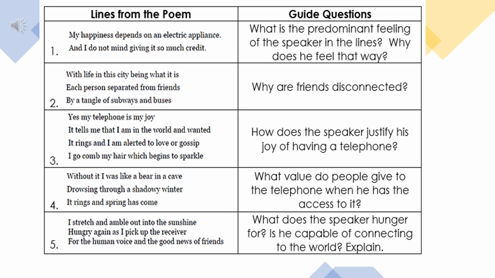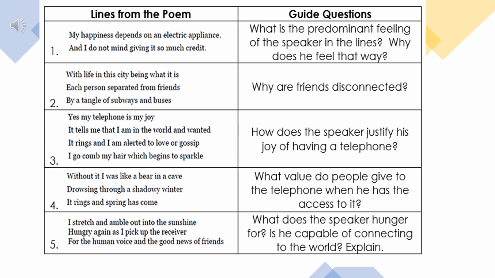It's the idea that someone has texted or called or will be calling him. And is he capable of connecting to the world? Yes, because you have there, I pick up the receiver for the human voice and the good news of friends. So he's connected to the world by having the telephone because he's able to be informed regarding what's happening to his friends or what's happening around him.